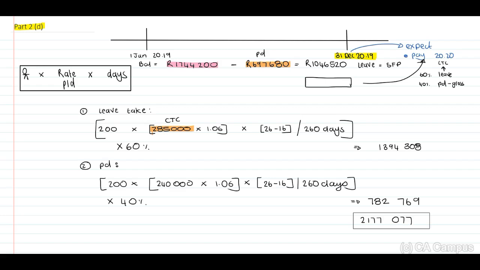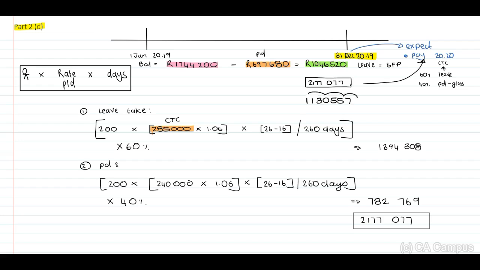Therefore, my total leave at the end of 20.19 should be 2177077. Currently, this is the 1046520. Therefore, we will have to recognize a difference to increase this to the value of 1130557.